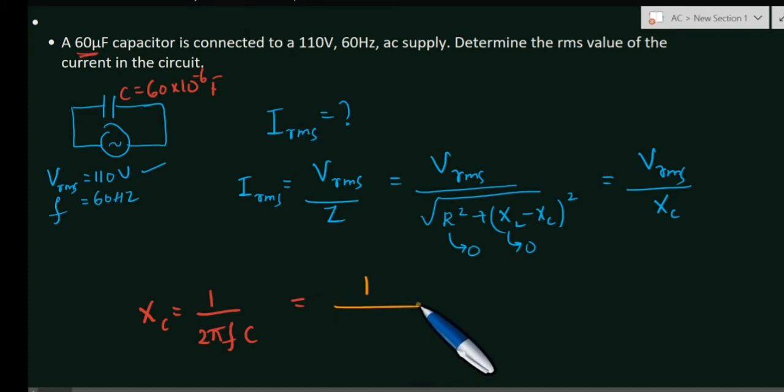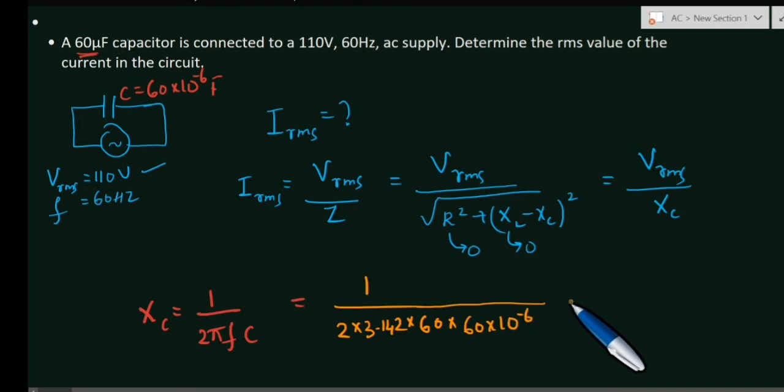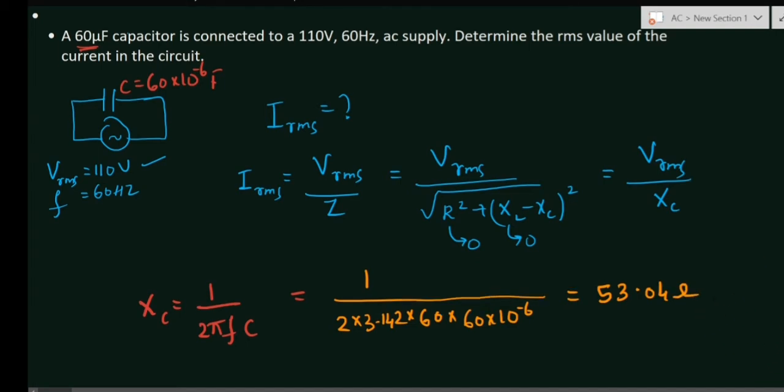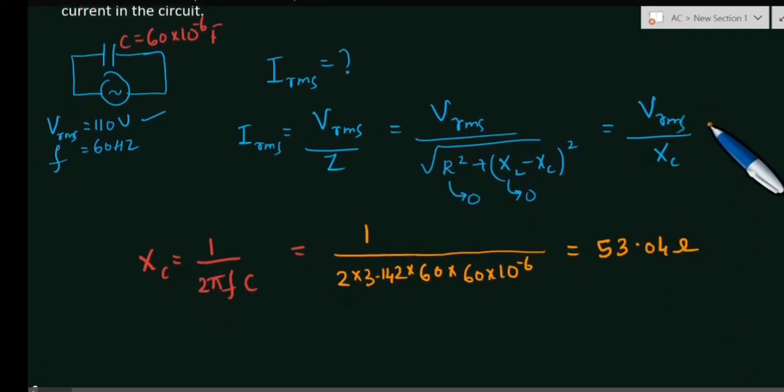Therefore 1 divided by 2, pi value is 3.142, f value that is 60 Hertz into C value that is 60 into 10 to the power minus 6. So if you solve this, the value of XC comes out to be 53.04 ohm. And now we can calculate the value of Irms and substitute the value of XC here.